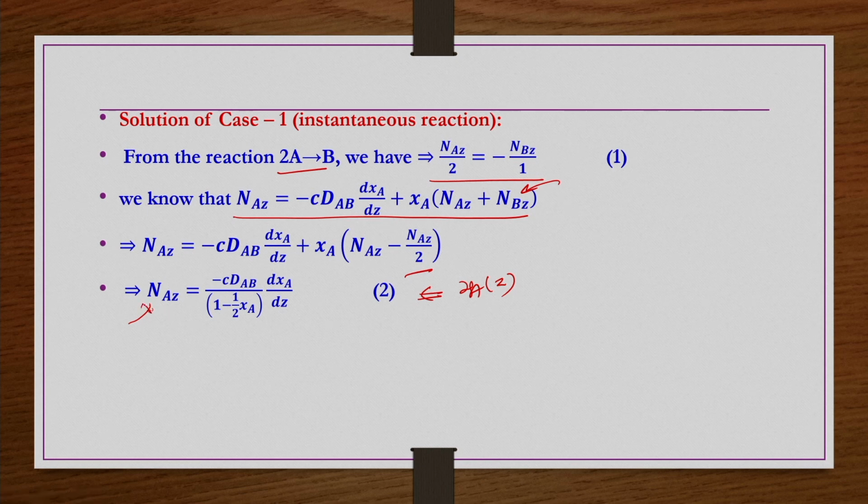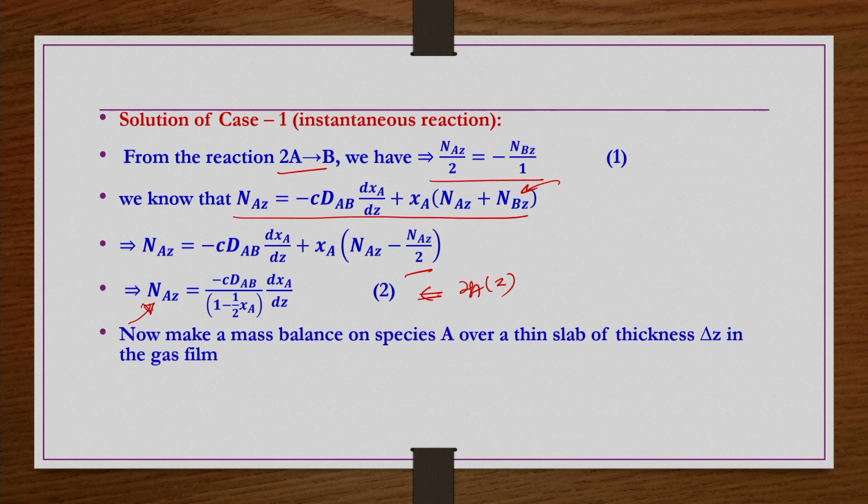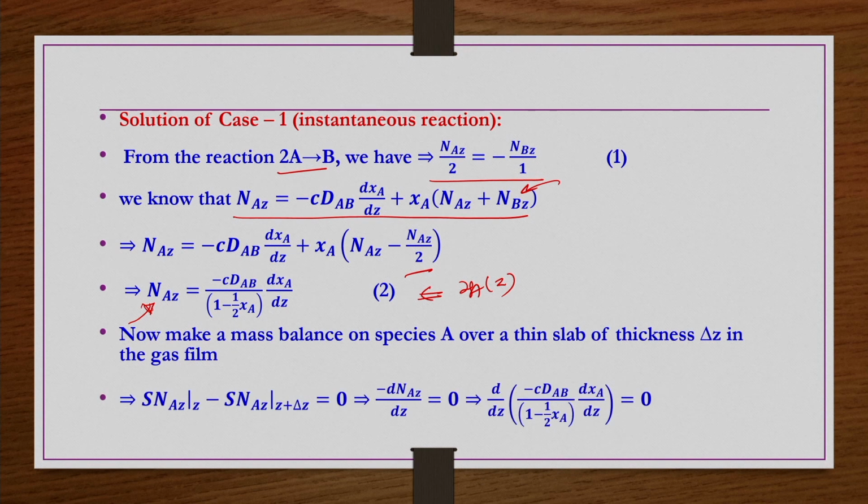For that, in order to get NaZ, we write a balance equation: S multiplied by NaZ at Z minus S multiplied by NaZ at Z plus delta Z equals 0, because the reaction part will not come here as a source term in the balance equation. It will come as a boundary condition because it is a heterogeneous reaction. It is occurring only at a specified location, the catalyst surface. It is not occurring in the film.